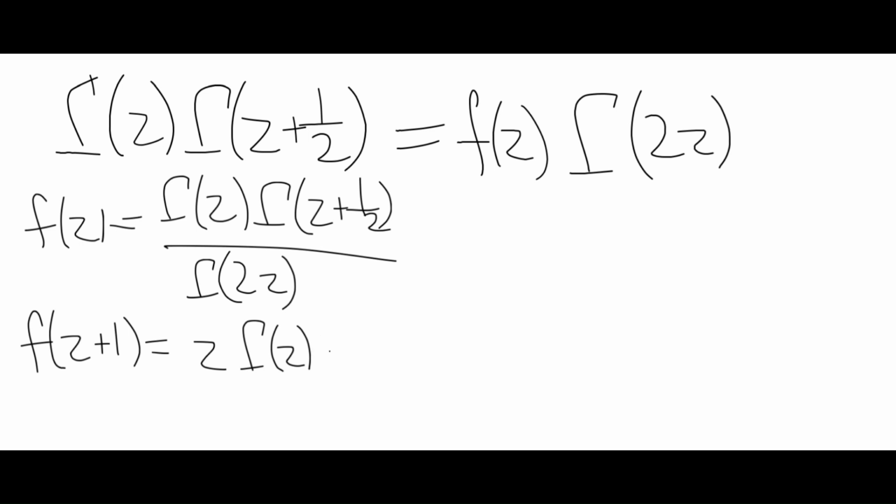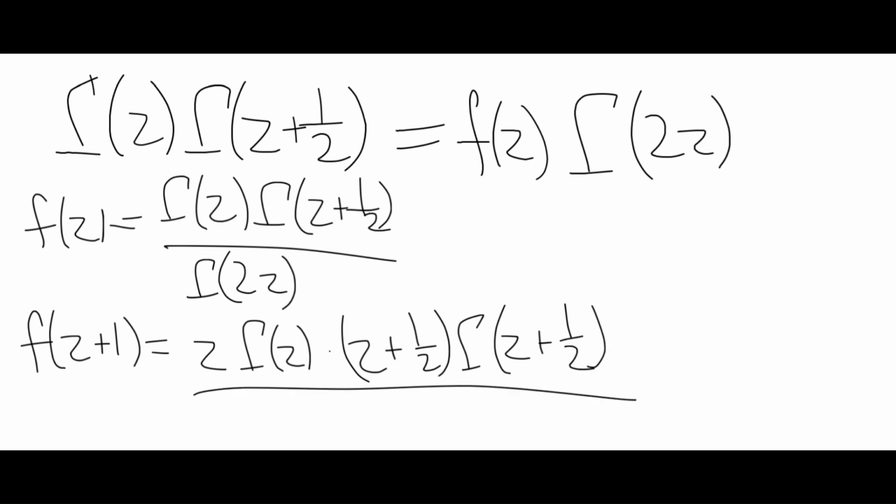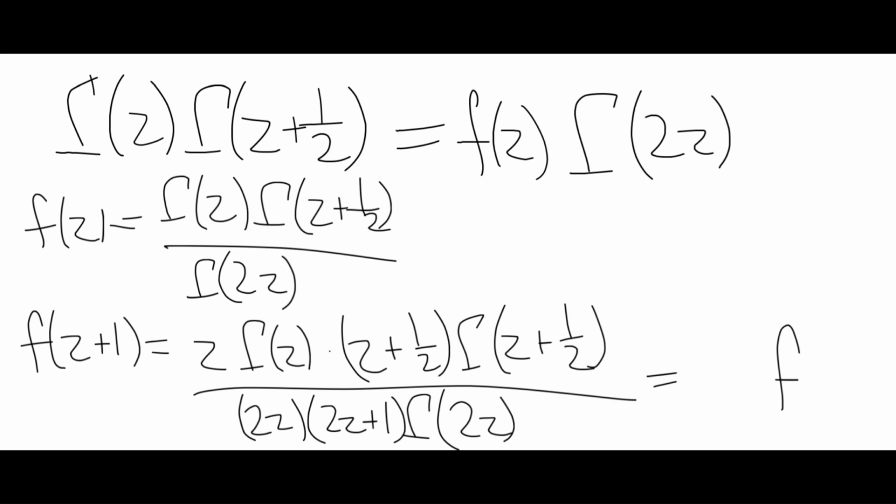And then gamma of z plus 3/2, that's z plus 1/2 times gamma of z plus 1/2. Now gamma of 2z plus 2, we have to go back 2 spaces, to get 2z times 2z plus 1. So now that's almost f of z, except we've multiplied by 1/4.